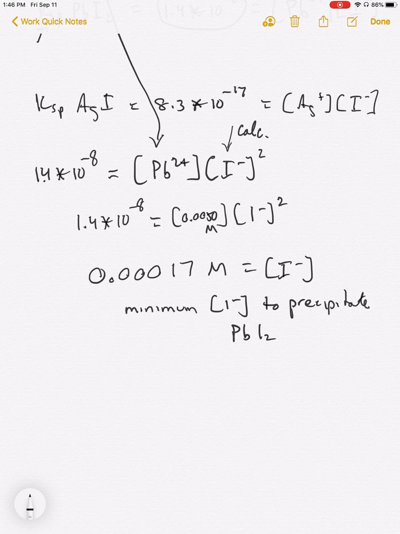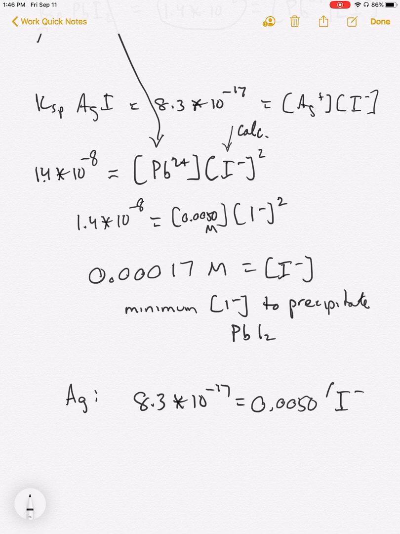We can then do a similar calculation for the silver. 8.3 times 10 to the negative 17th equals 0.0050 times I minus.